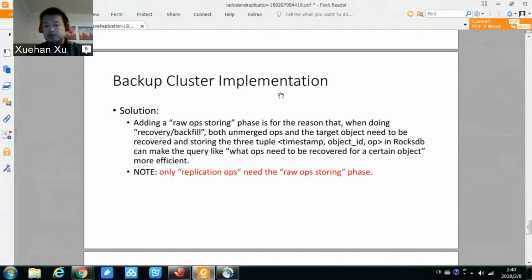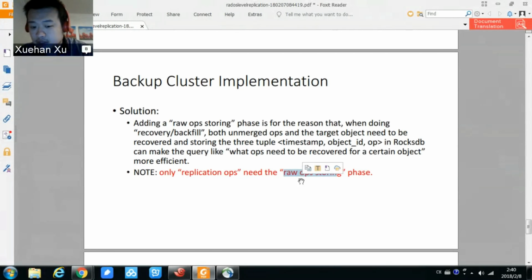Yes, and so we think only those ops that need to be replicated should be stored in the RocksDB in the raw ops storing phase.